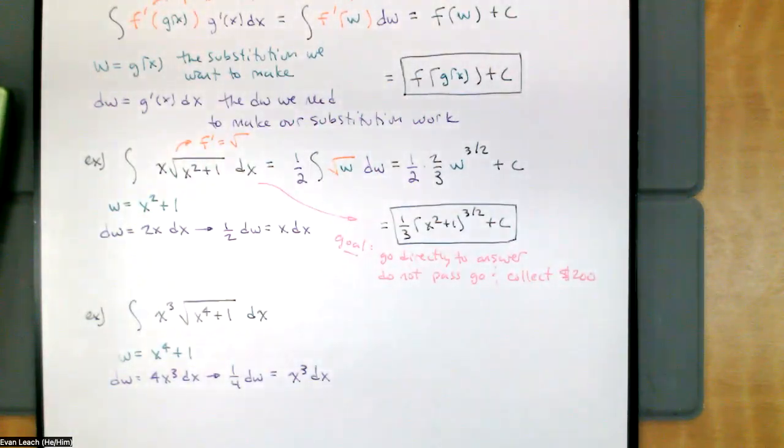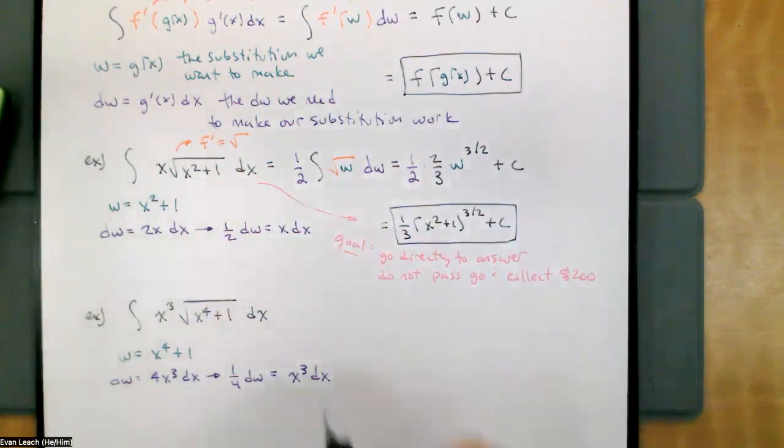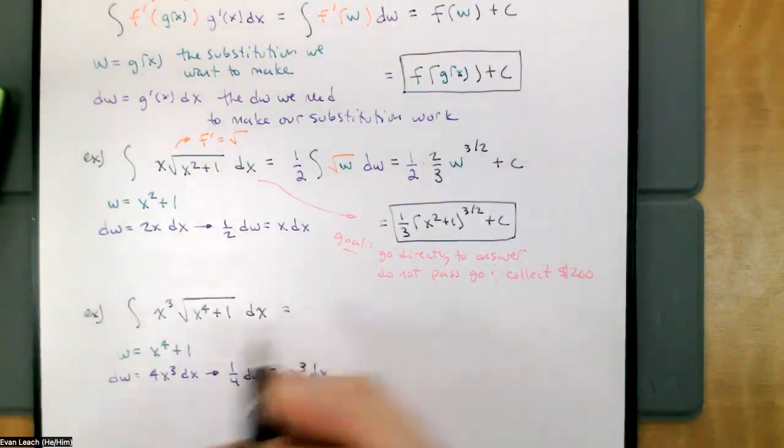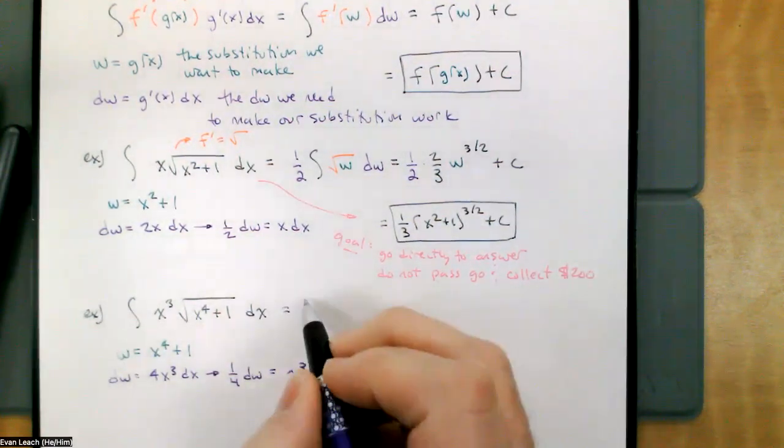If I had a 4x to the 3rd out in front, I wouldn't need that 1/4. But the constant factors, we can adjust to the constant factors. The important part was x to the 3rd. We needed that to make an x to the 4th substitution go. Now we're ready to substitute.